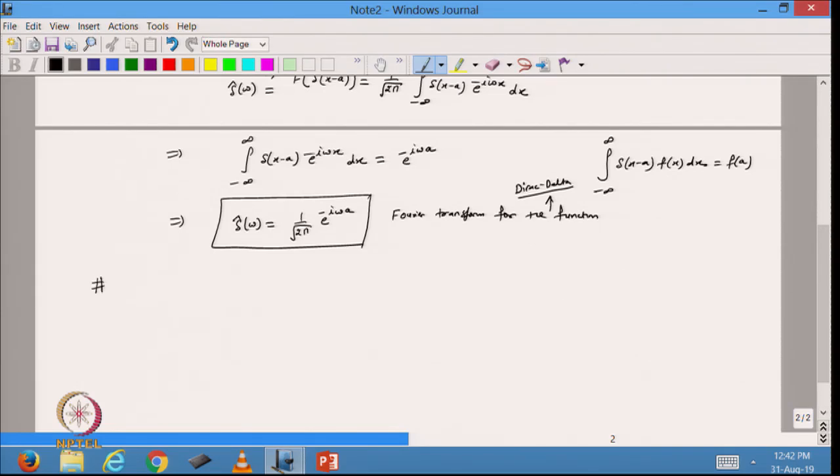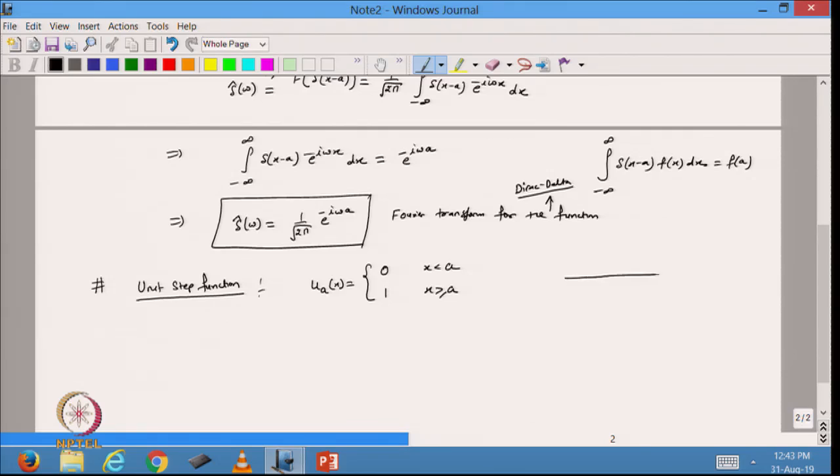Another one I want to take: let us define the unit step function. In the unit step function, I define my unit step function about the point a: u_a(x) is equal to 0 when x is less than a, and 1 when x is greater than or equal to a.